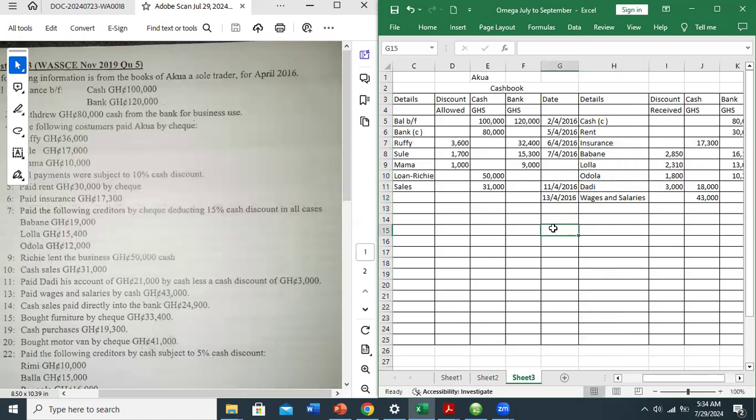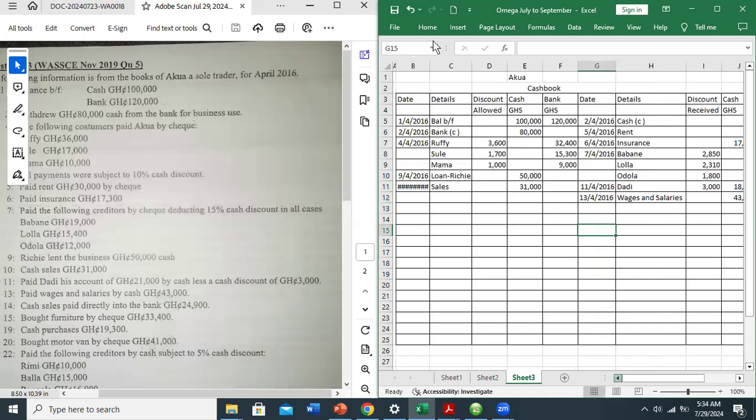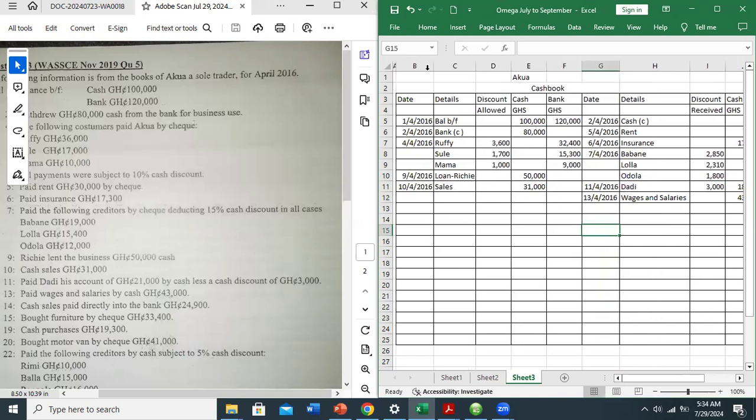Next, cash sales paid directly into bank. So you see, there's another transaction that if you are not careful would confuse you. Cash sales paid directly into bank. So you have to look at the net effect. We have sold goods and we have deposited it into bank. That's a simple thing you can think about.